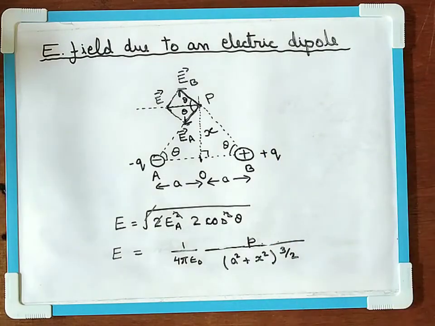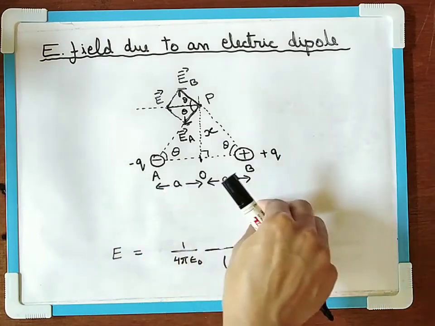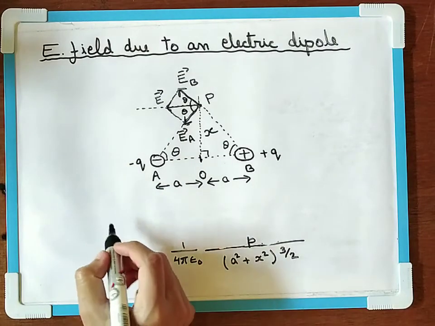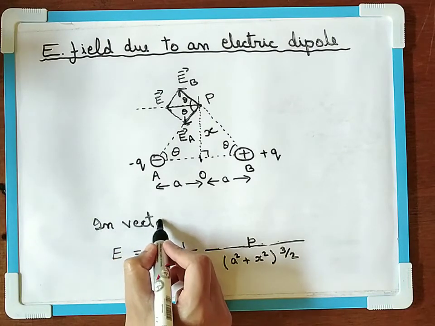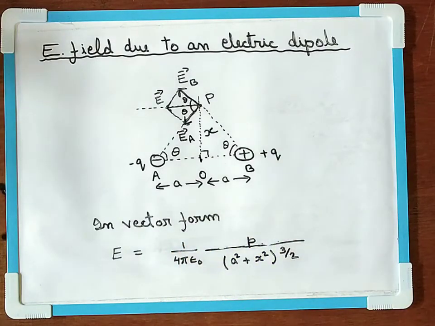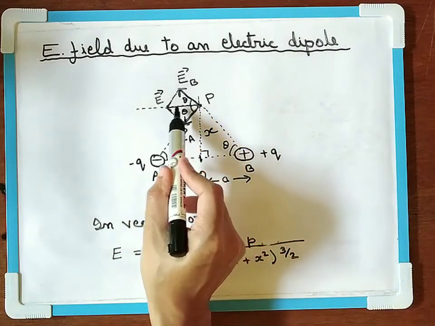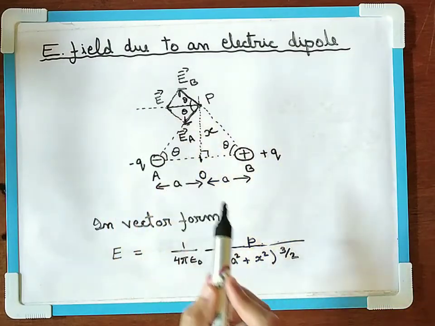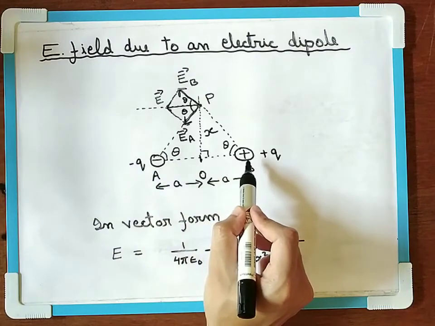Now electric field is a vector quantity, so we can express this in the vector form also. So in vector form, if you look at the diagram, now your E is in this direction. Now the p vector is from minus q to plus q.